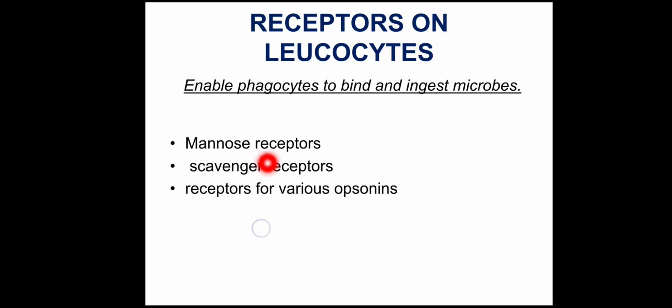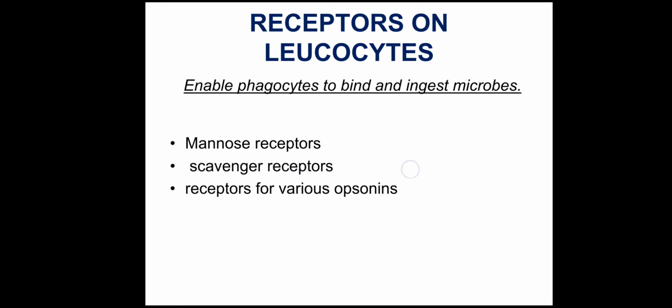First is the mannose receptor, then the scavenger receptor, and the receptors for various opsonins. Opsonins are the chemicals which coat the surface of bacteria, and they make the microbe more palatable for the phagocyte. So these are the various receptors which will bind the chemoattractants, and this will enable the phagocyte to bind and ingest the microbe.